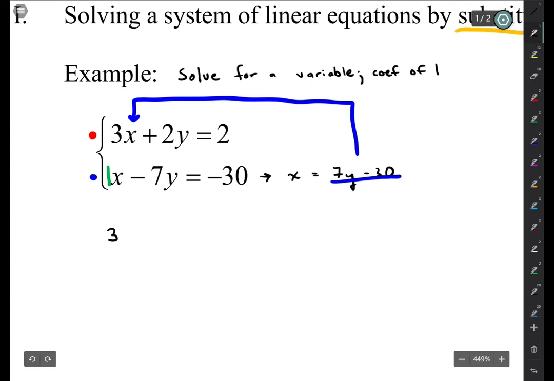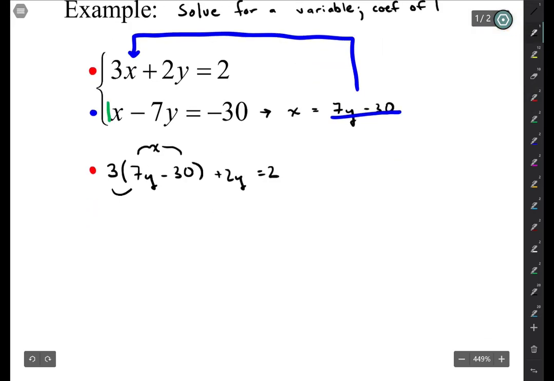So the new red equation is essentially 3 times the quantity 7y - 30, because that's really what x is. Okay, it's this whole thing, and then + 2y = 2. So that is essentially the red equation with x in there. Now, it's just simple distributing.